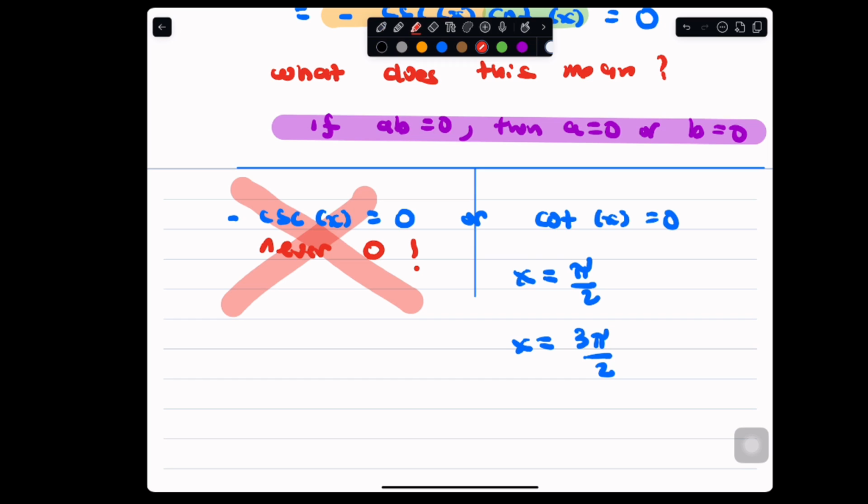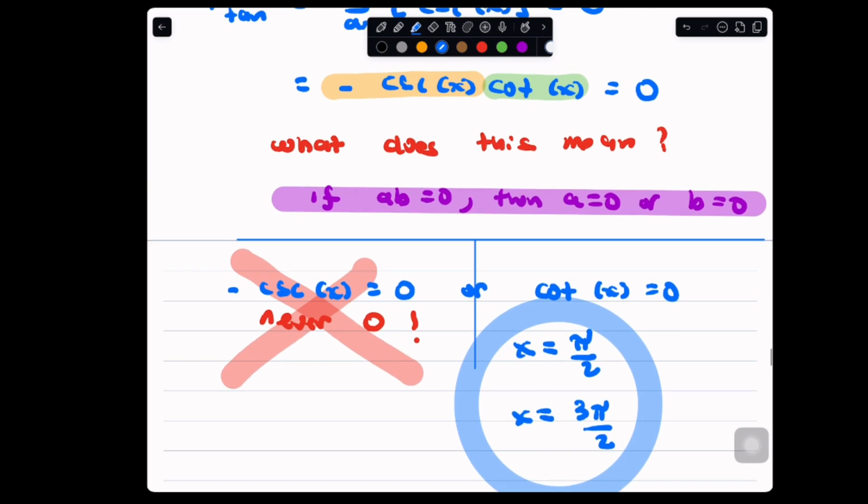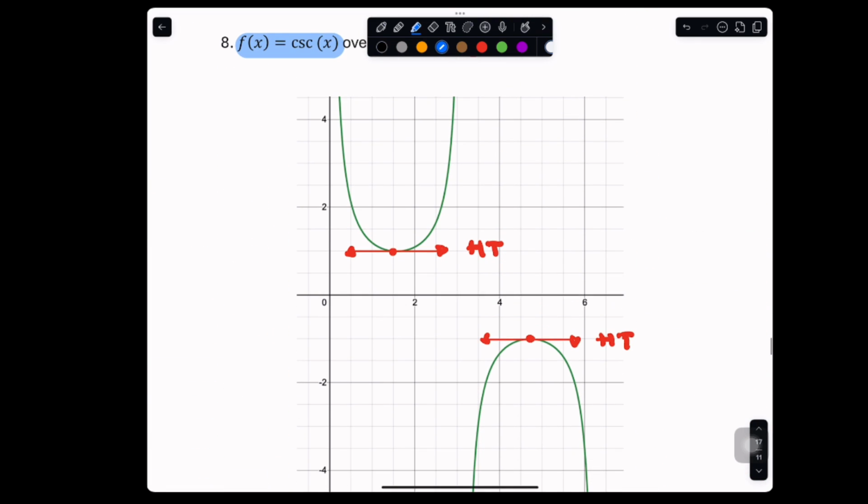You go back to the graph of cotangent: pi over 2 and 3 pi over 2. So like we said, there are two locations here. This will be pi over 2, and then this will be where x is 3 pi over 2. I want you guys to see this.